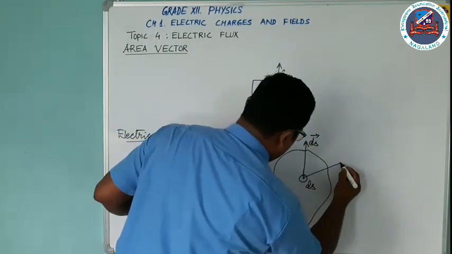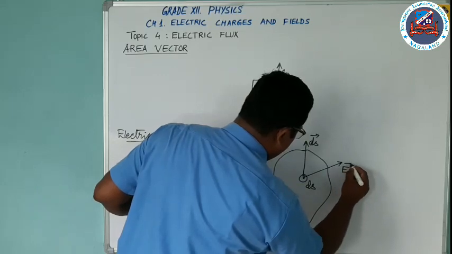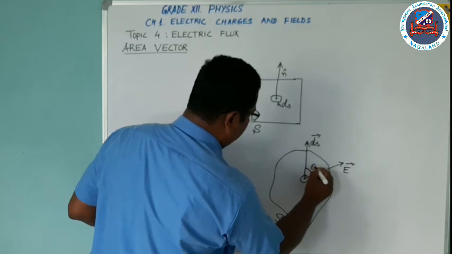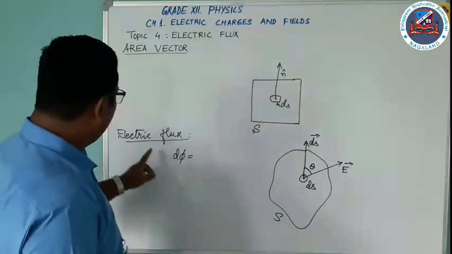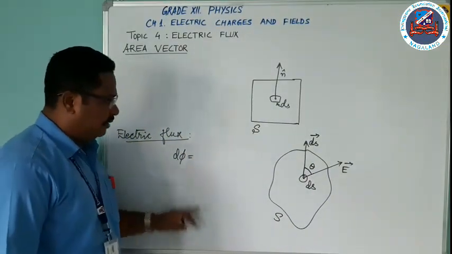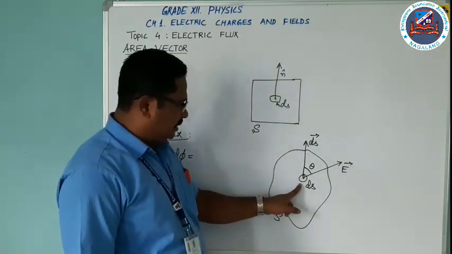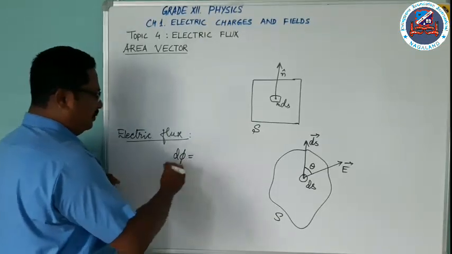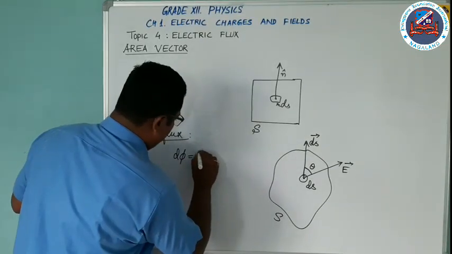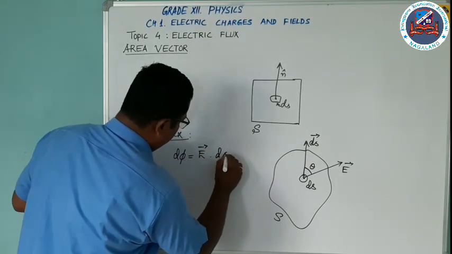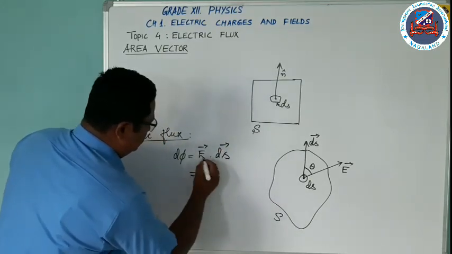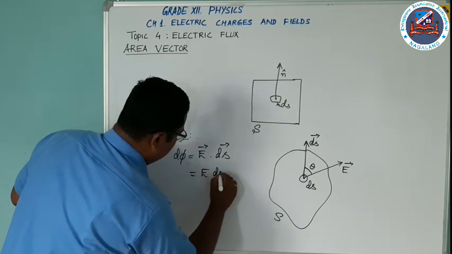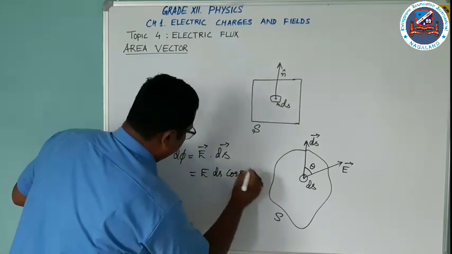If this is the direction of electric field lines, making an angle theta with it, then the electric flux d phi passing through the surface element ds will be given by d phi is equal to E dot ds. In scalar form, it will be E ds cos theta.